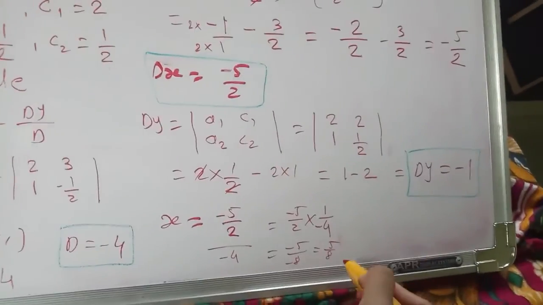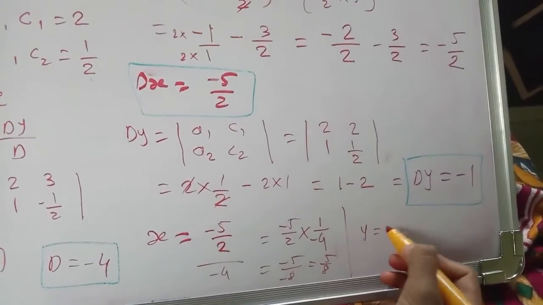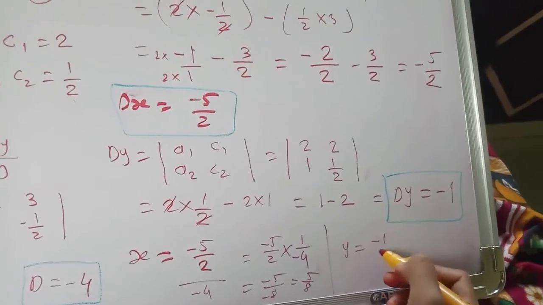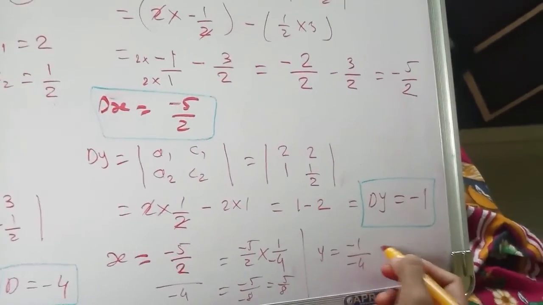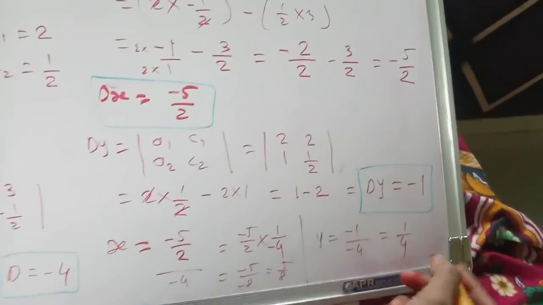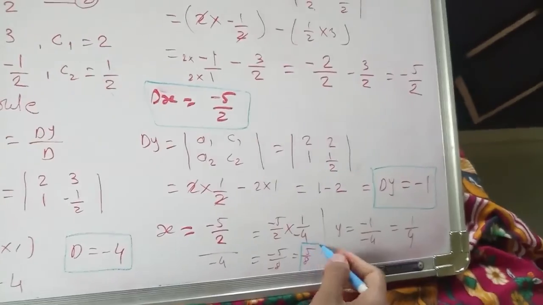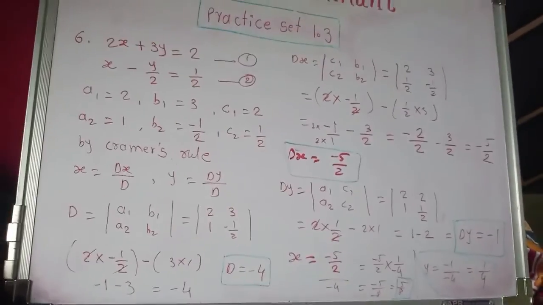So value of x is 5 upon 8 and value of y is equals to dy upon d. dy is minus 1 and d is minus 4. So it is equals to 1 upon 4. So value of x is 5 upon 8 and value of y is 1 upon 4.